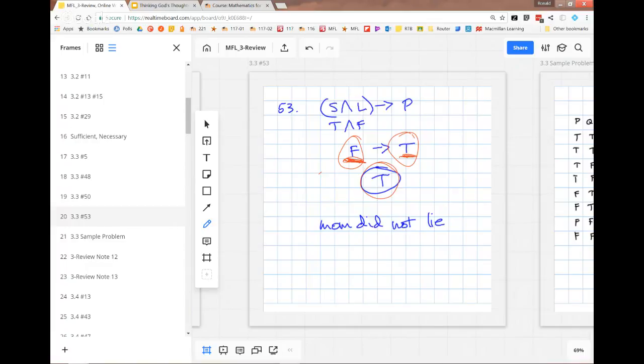You just looked at the components. A truth table might have been a good way to do it, but anyway, this is what it comes down to. The beginning part of the if-then is false, so it's guaranteed to be okay. What it amounts to is Mom, in her promise to the kid, never talked about this situation.